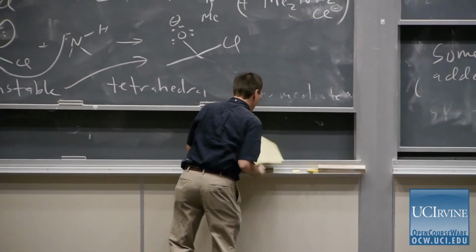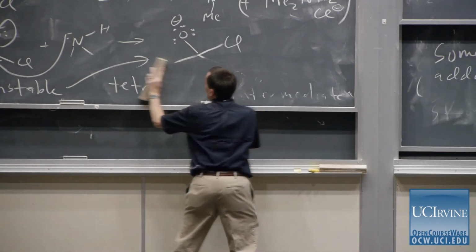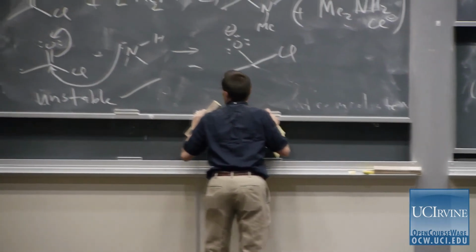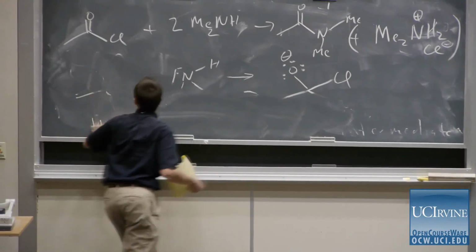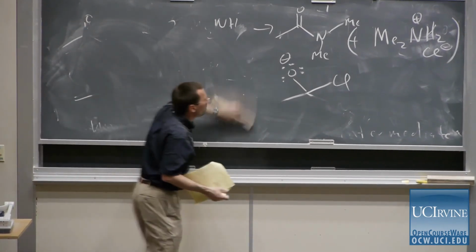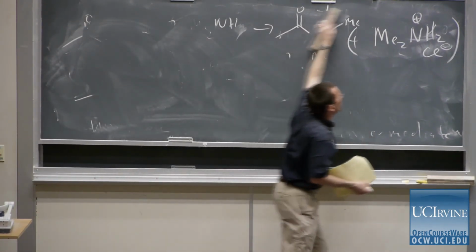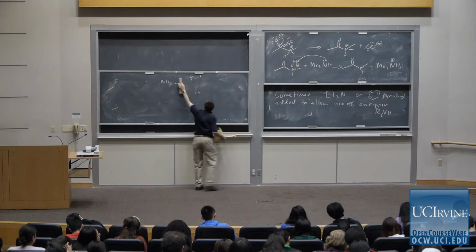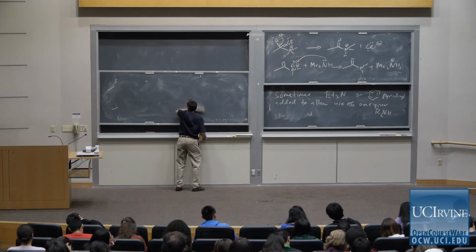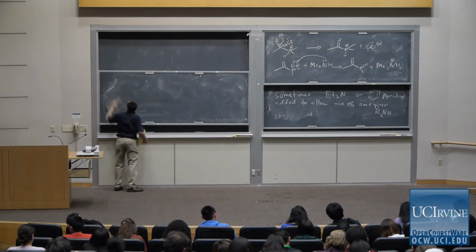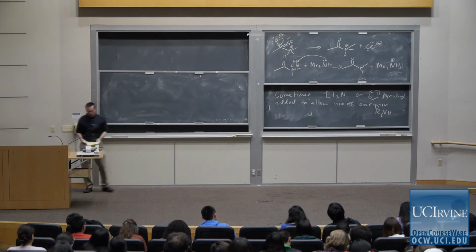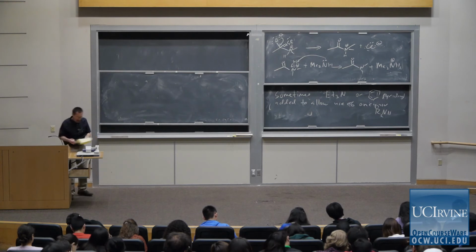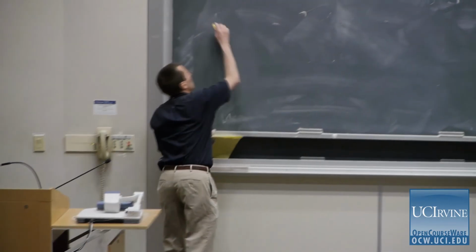This same basic principle of reactivity of acid chlorides applies with all other species, whether it's strong base, basic nucleophiles like amines, or weakly basic nucleophiles like alcohols and water. Acid chlorides react vigorously.